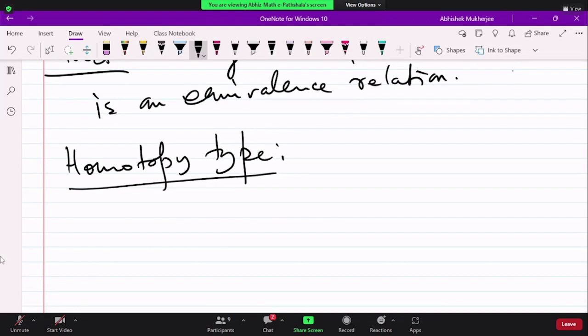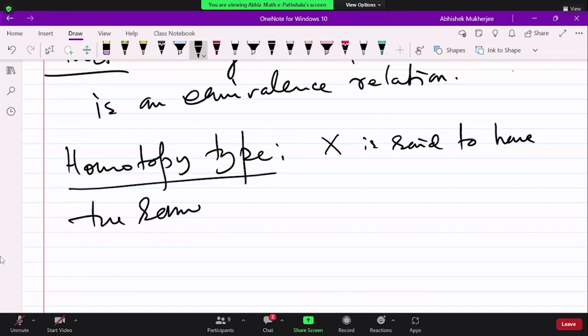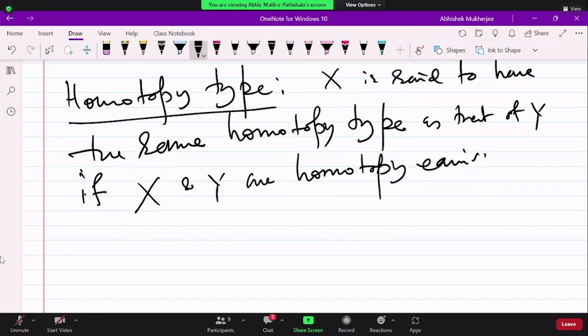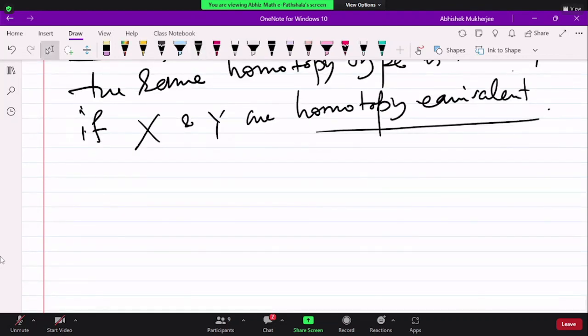So X is said to have the same homotopy type as Y if X and Y are homotopy equivalent.